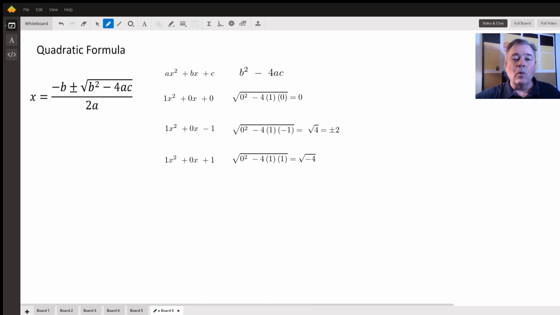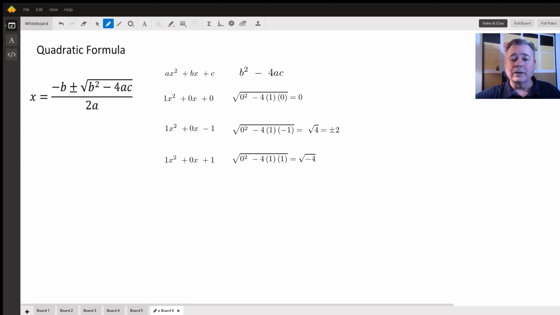For y equals x squared plus 1, the discriminant equals 0 squared minus 4 times 1 times 1, or 0 minus 4. Well, the square root of negative 4 is undefined. So this function has no zeros.